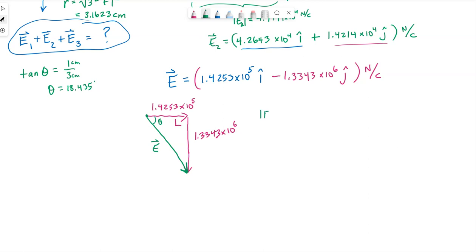The magnitude we can get from the Pythagorean theorem. We have the x component, we have the y component. So by plugging these in, we can get the magnitude. And instead of writing the absolute value signs around the vector, we typically just write the E without the vector sign.